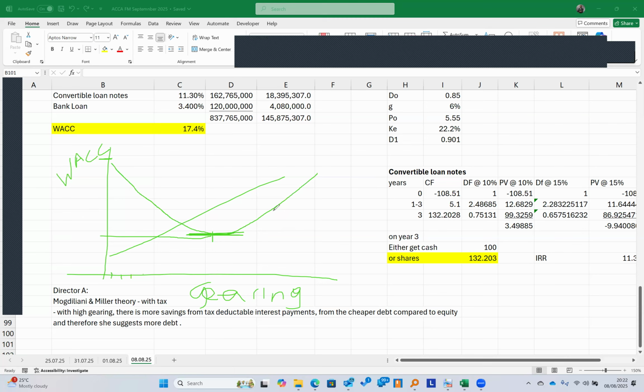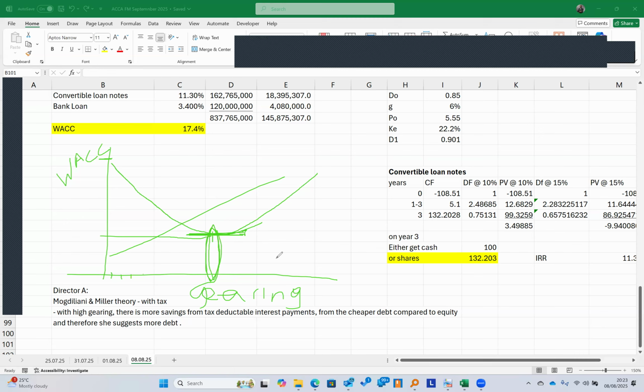The reason is that banks start thinking your risk has increased substantially compared to what it was before. So they either give you less money, or they give you money but at higher interest. So it starts rising up. That is the traditional way of looking at gearing and weighted average cost of capital.